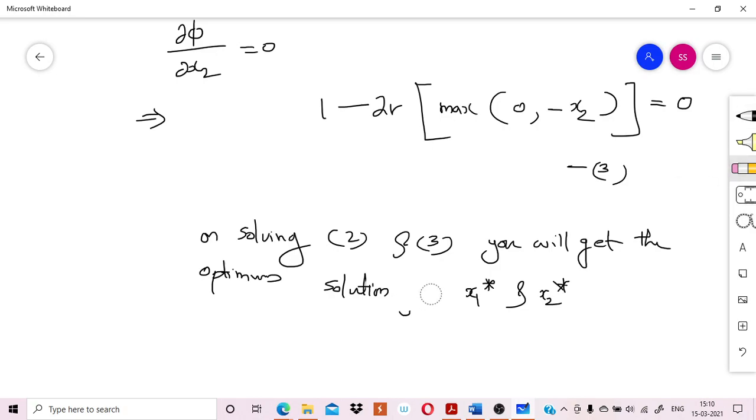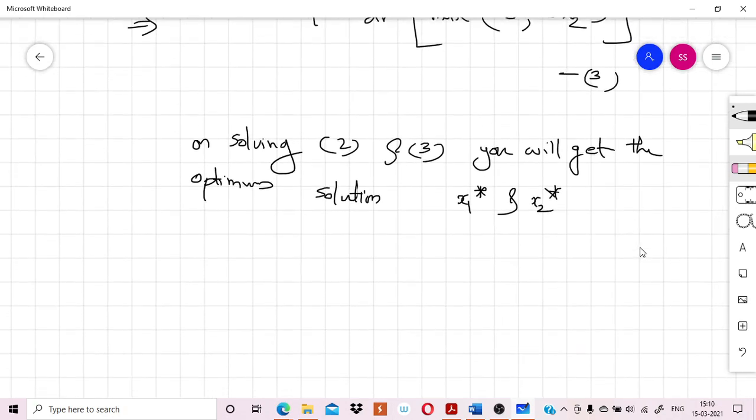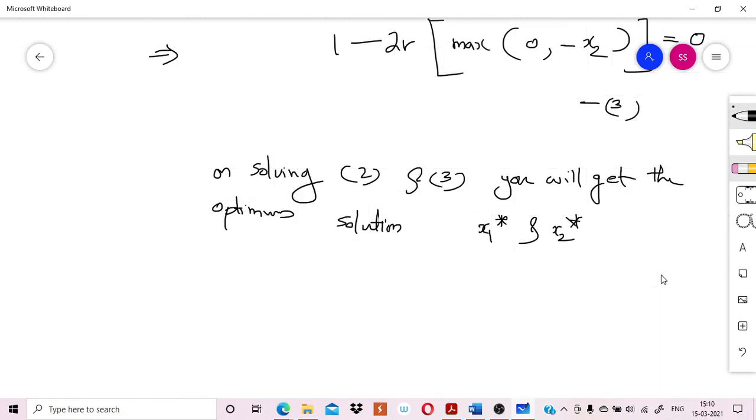So in that case, in order to find the optimal solution x1 star and x2 star, if you find x1 star and x2 star, that should minimize the unconstrained objective function phi of x1 and r.